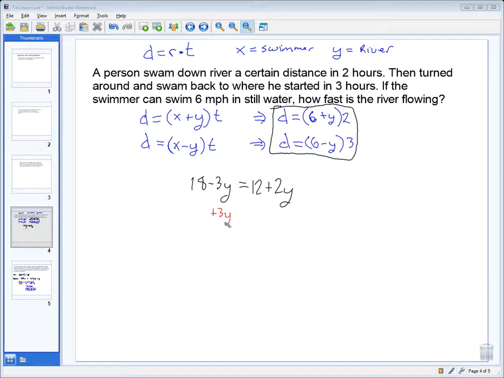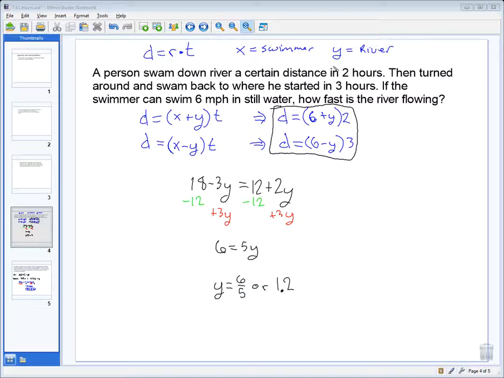I'm going to add the 3y to both sides, and at the same time, subtract the 12 from both sides. That's going to give me a 6 on the left side and a 5y on the right side. Now I can divide and I get y is 6/5, or in other words, 1.2.